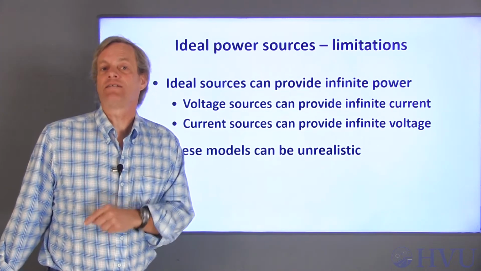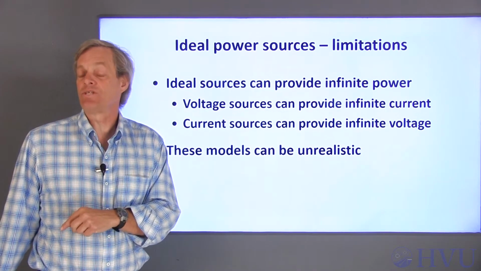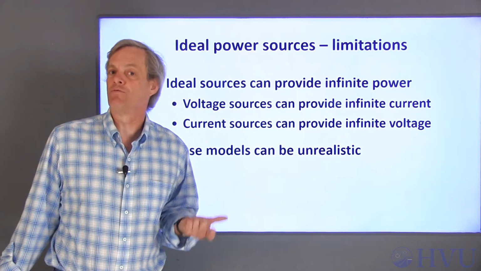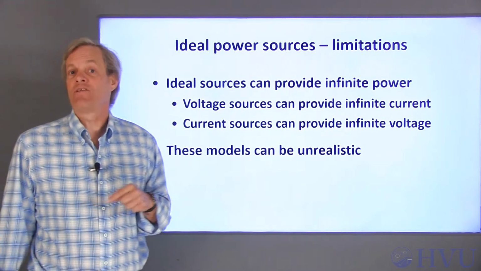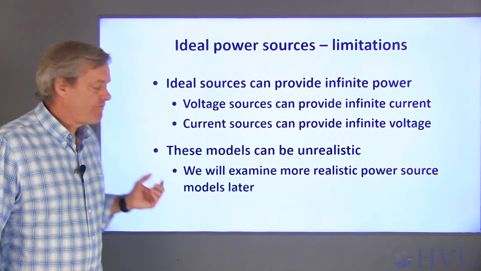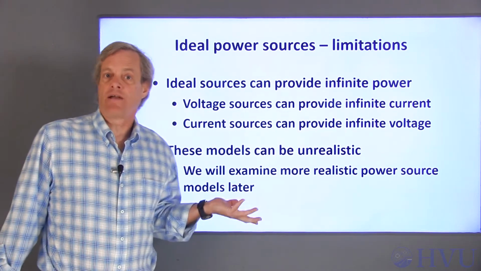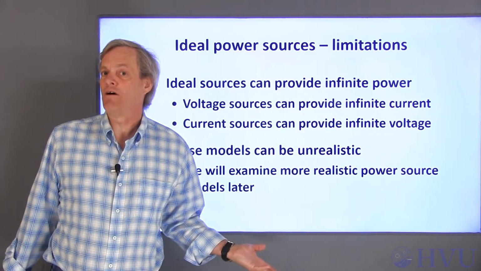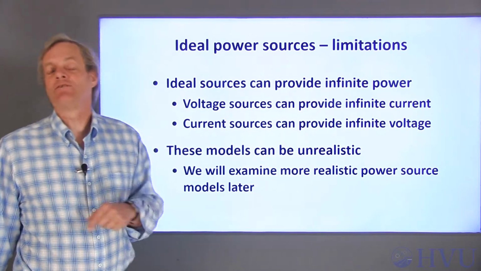Therefore, the underlying assumption when using an ideal source is that its actual current or voltage will be low enough so that its behavior is close enough to ideal. There are fairly simple approaches to modeling sources that do have limited power output, and we'll see some of those later in this course. Independent sources provide a specified voltage or a current to a circuit regardless of the circuit itself.